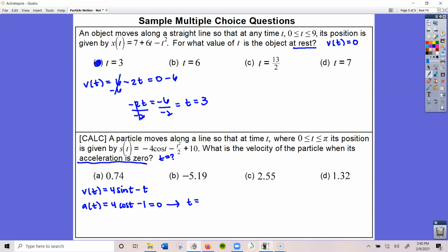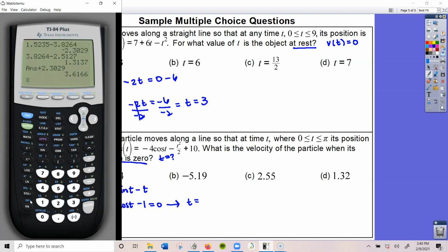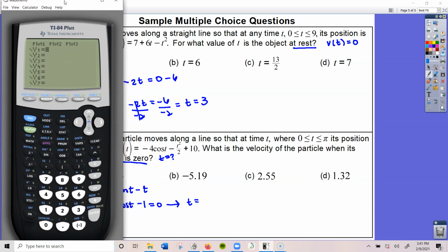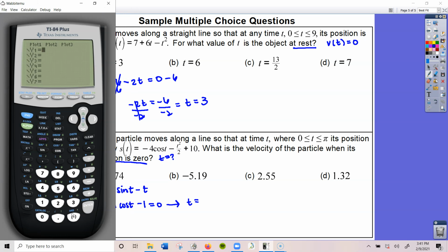So let's go on the calculator. I'm going to clear this out. I'm also going to adjust my window here. So I have 0 to pi. Okay, so I'm going to graph my acceleration, which is 4 cosine t minus 1.